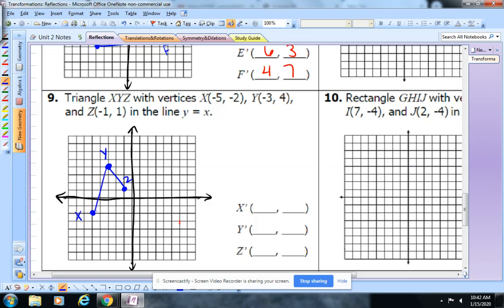So graph your triangle and look up and see if your triangle looks like my triangle. Give me a thumbs up if you got it. All right.